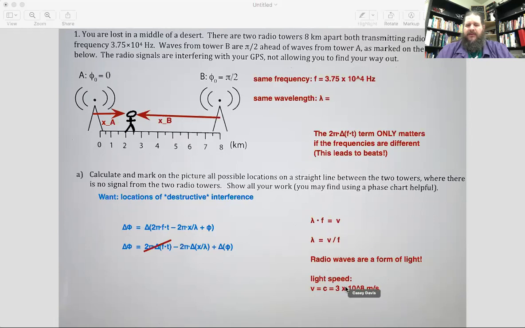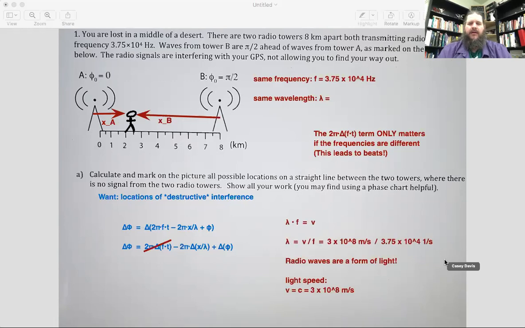We know the speed then is this 3 times 10 to the 8th. And then the frequency was given as 3.75 times 10 to the 4th Hertz. Hertz is the same as just 1/seconds, so I'll write it like that, cycles per second.